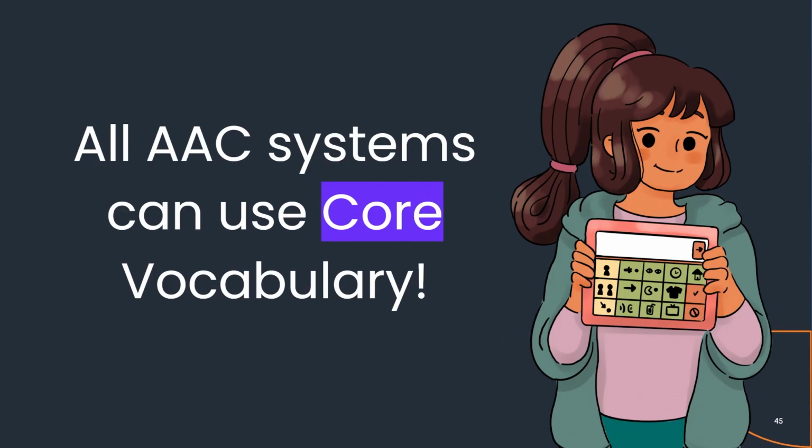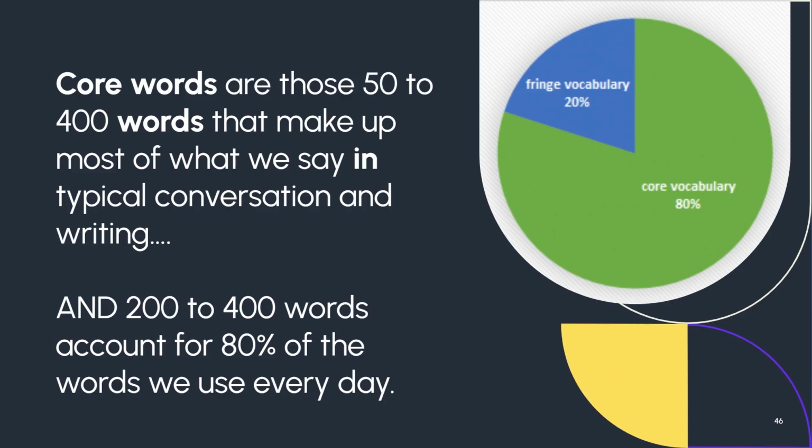All of these different AAC systems that are out there can use core vocabulary. Core vocabulary is a big term out there in the market. Core words are anywhere from 50 to 400 words, depending on the size of your lexicon, that make up most of what we say in a typical conversation and in typical writing.